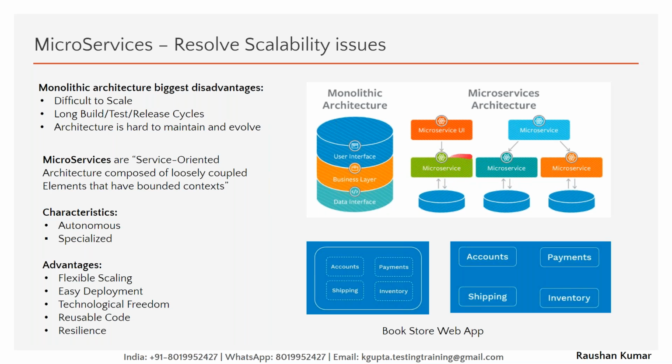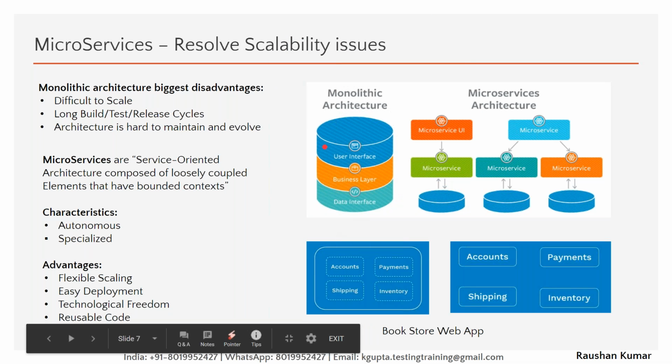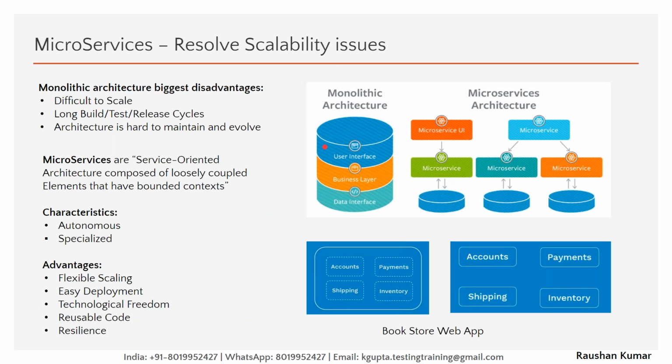Suppose this is microservice 1, microservice 2, microservice 3. One microservice can be developed in Java. For another microservice we can use Python or Node.js, or .NET, any different technology we can use in the case of microservices, but not in the case of monolithic. We have to use the same language we started with.